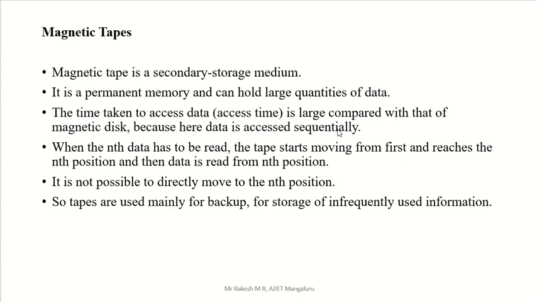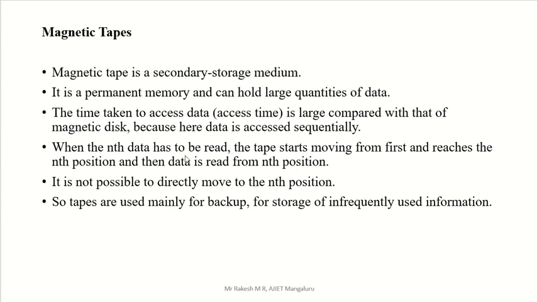What do I mean by sequential? When the nth data has to be read, the tape starts moving from the first and reaches the nth position, and then data is read from the nth position. Sequential means from first to nth, every data is checked or read.